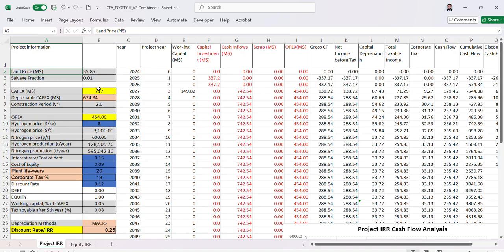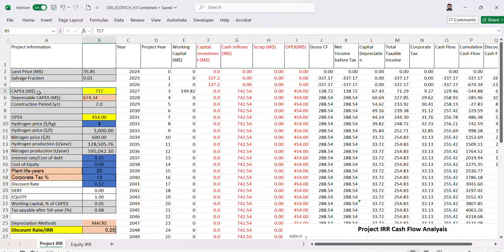Here these are the two parameters highlighted in yellow, which are capex and opex. These are the two key pieces of information you need to have, and the rest of the information we will be deriving from these two and some other parameters which we need to assume. These are highlighted in yellow.